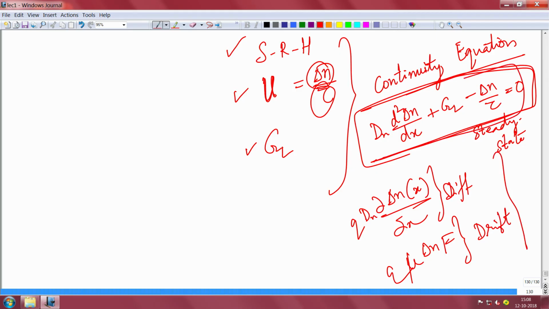Okay. So, we will end the lecture here today. We have solved the continuity equation, and we now can move to the next topic, which is more or less the p-n junction. We will discuss that in the next class.